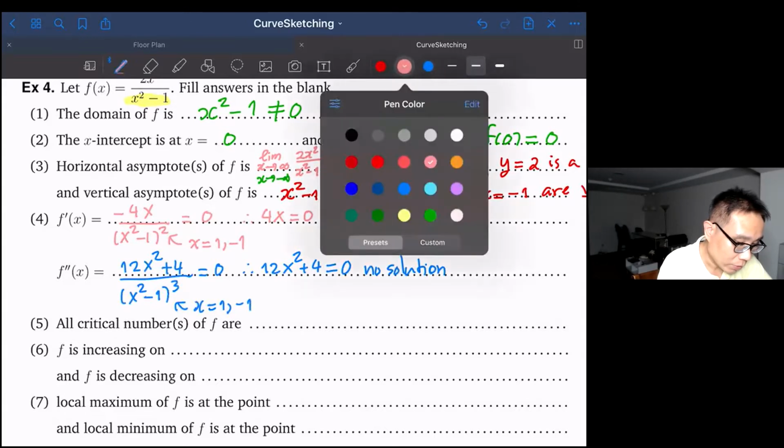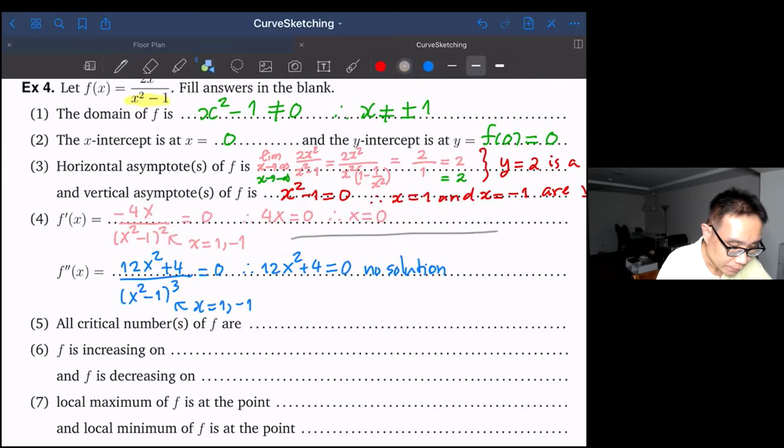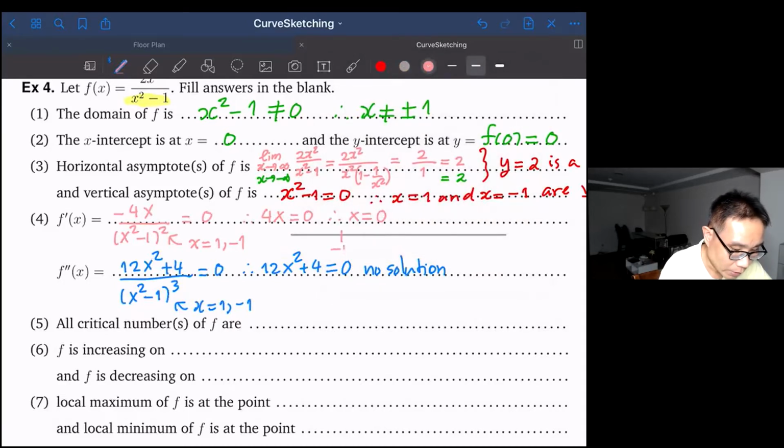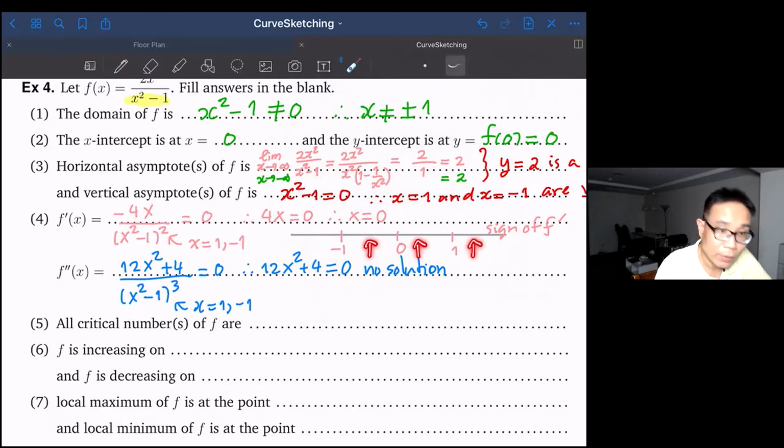So let me draw a real number line. The numbers that I'm gonna put on the real number line turn out to be negative 1, 0, and 1. And we're gonna check the sign of f prime. You pick one number in each interval. When x equal to 2, you get negative, so you get a negative sign in this interval.